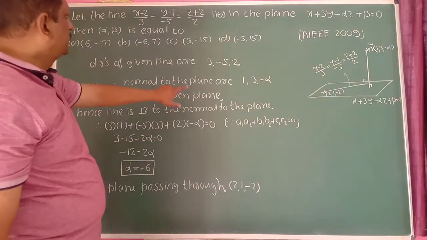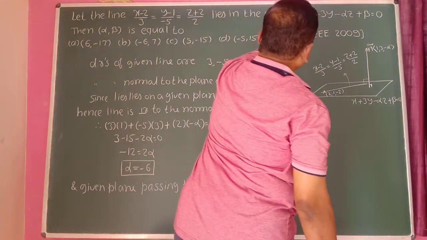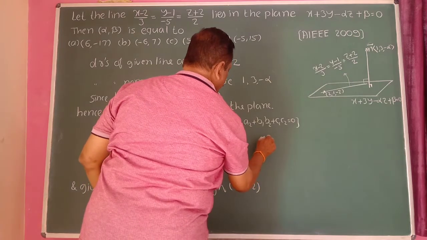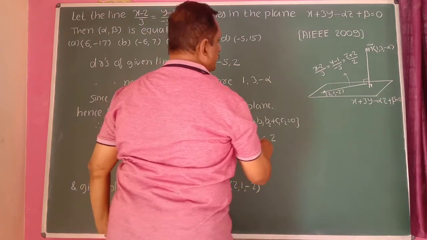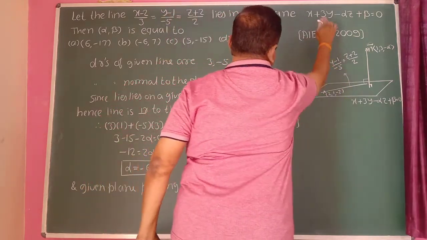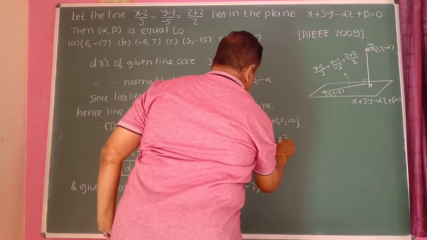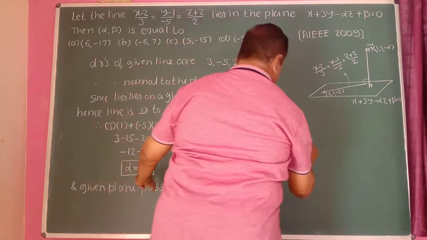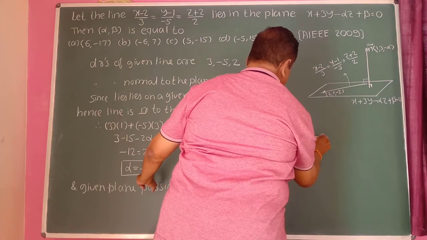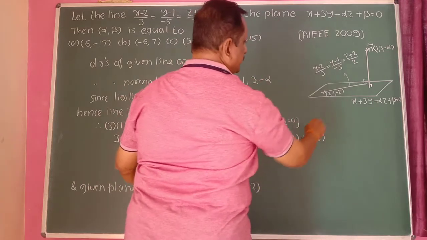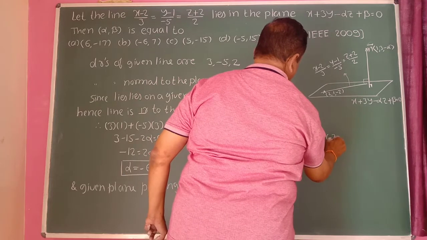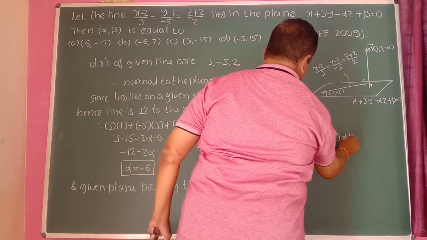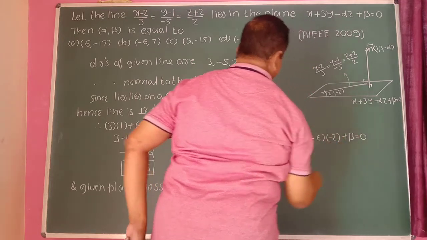So put x equal to 2, y equal to 1, so 3 into 1, and alpha is minus 6, which we already proved, and z is minus 2, plus beta is equal to 0.